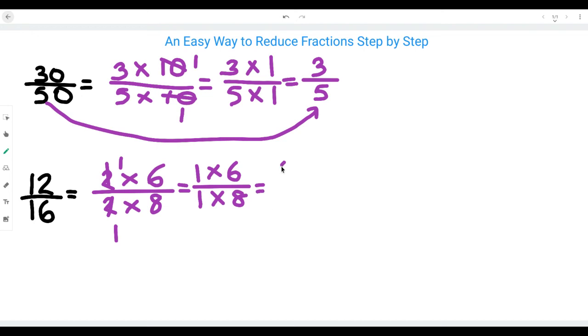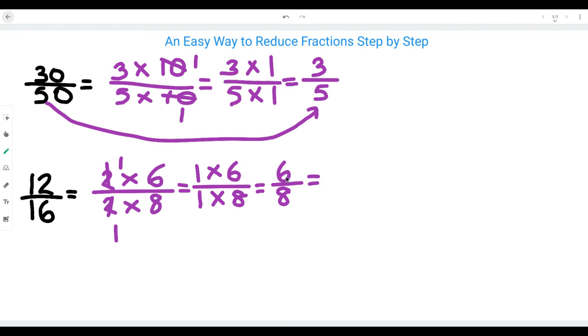So we have 6. 1 times 6 is 6. 1 times 8 is 8. This number is not its lowest. So we are going to reduce it again. Okay?